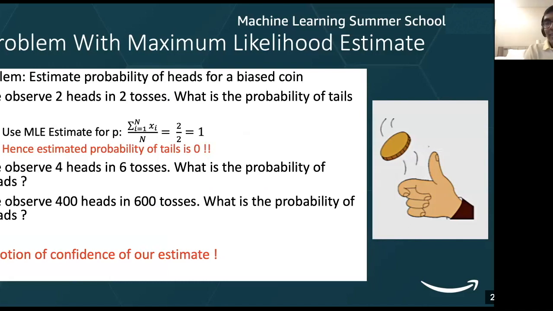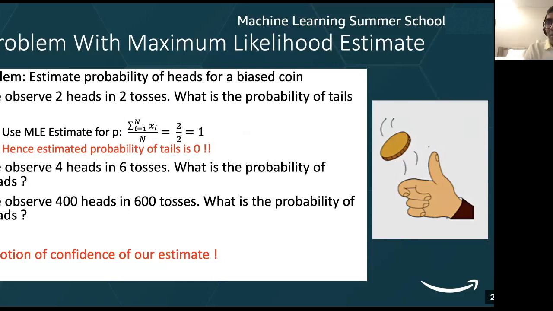This person tossed the coin twice, and in both cases it resulted in heads. Now, if we use the MLE estimate for p, which was the number of heads divided by the number of trials, you will get 2 divided by 2, which is equal to 1, right? So then the person will conclude that the probability of tails occurring is 0. Is this so? This of course is grossly incorrect, right?